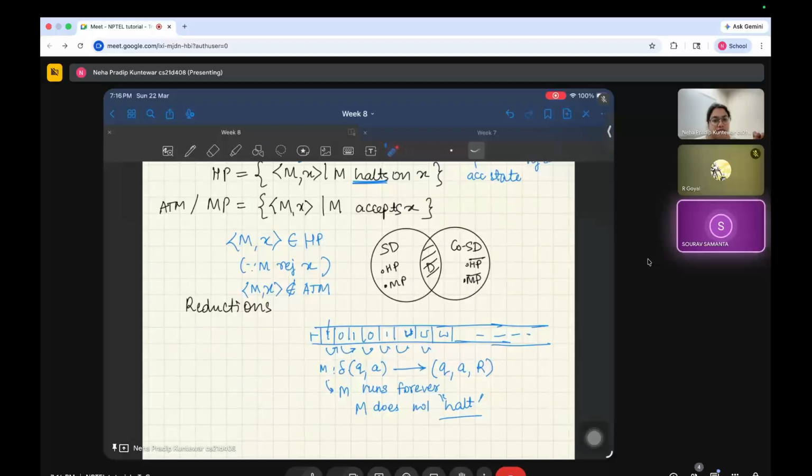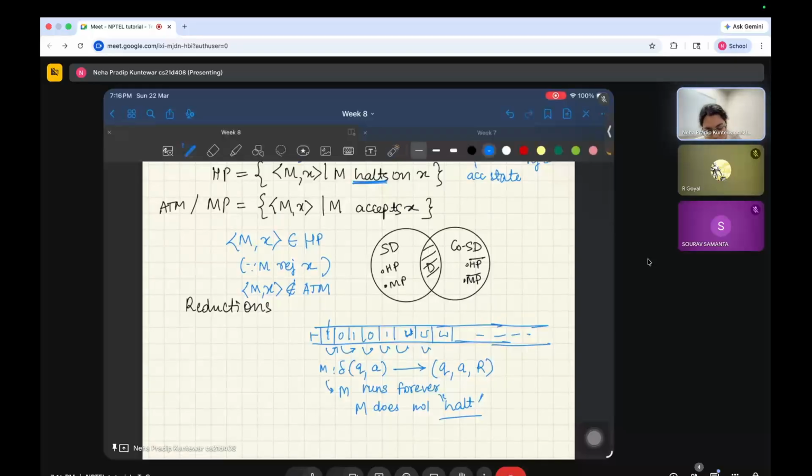Ma'am, keep moving is a term you have used. What does keep moving mean here? So how is the transition function defined? You have Q cross Gamma to Q cross what you are going to write, and whether you move to the left or right or stay.